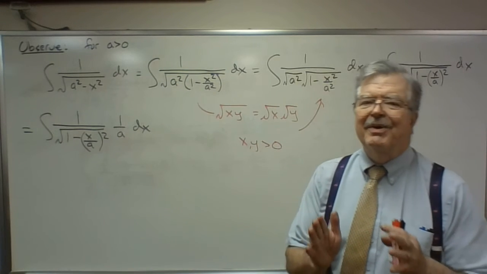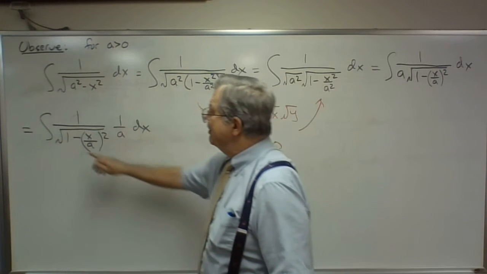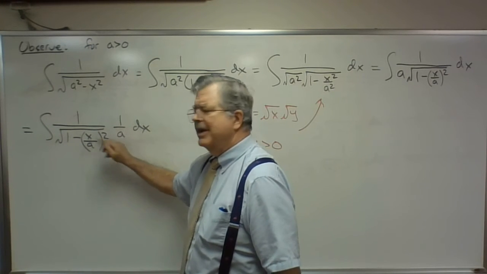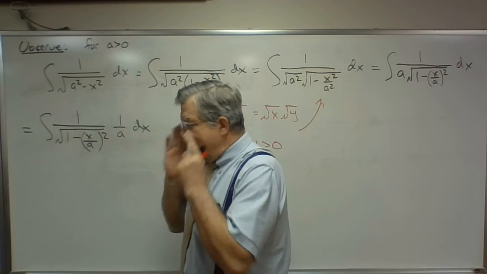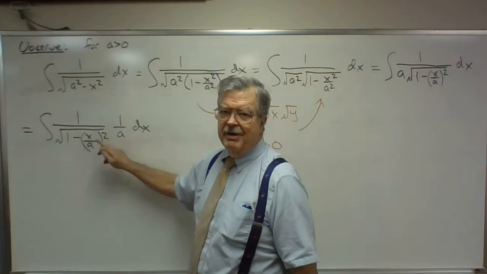Now here's where I use U-substitution. You see, I don't have 1 minus x squared here. I have 1 minus some function of x squared here.